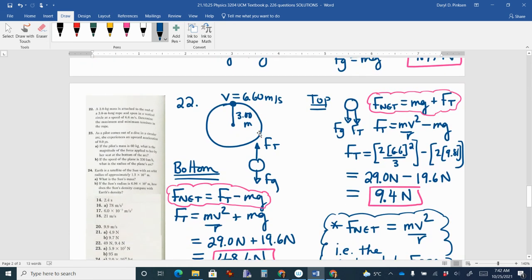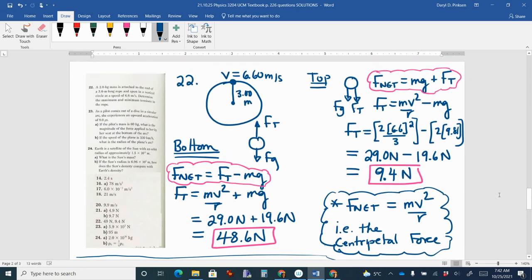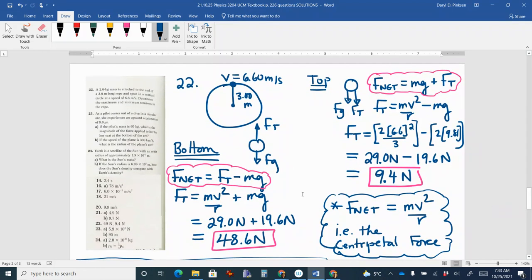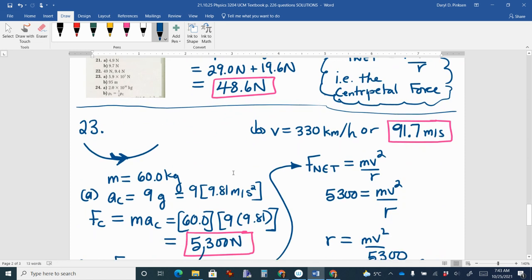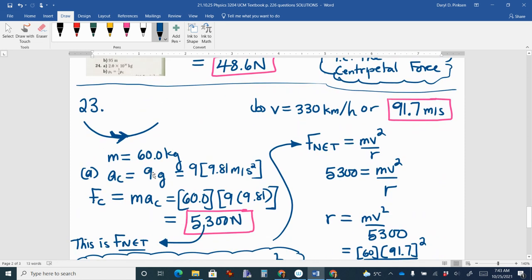In number 22, we got a rope attached, and we got to find the maximum and minimum tensions. This is exactly like what you did on the assignment. Your normal force, your F net at the bottom, your F net at the top. Rearrange everything. So this one here is pretty familiar to everybody. In number 23, we got a pilot experiencing 9 Gs.